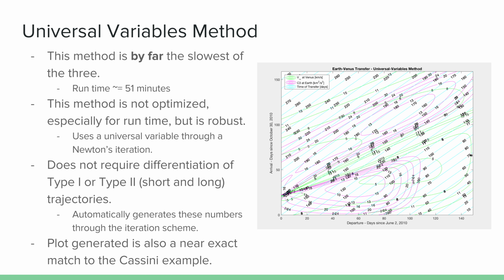Although this solution does produce good results, it's extremely slow, and that's because it uses a Newton's iterative scheme, which is extremely slow to converge. One advantage of this method, however, is that it doesn't require a user input of a difference between type 1 or type 2 trajectories, which is basically just short and long way. So that could be one advantage, but it's probably not worth it.